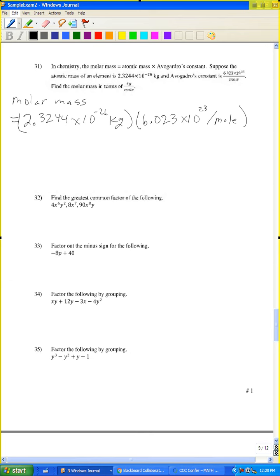Suppose the atomic mass of the element is 2.3244 times 10 to the negative 26 kilograms, and Avogadro's constant is 6.023 times 10 to the 23 per mole.